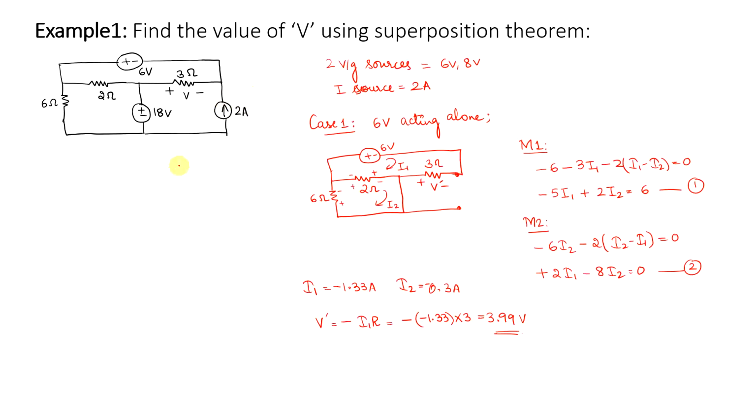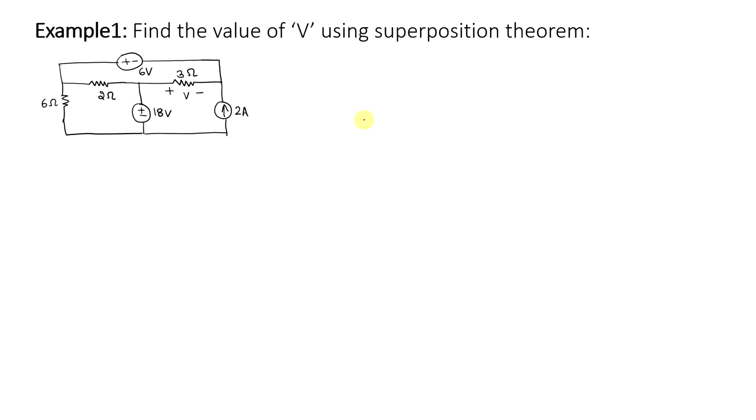Again apply mesh analysis itself. Case 2. So in case 2, I am considering 18 volt acting alone. So I have to consider the 6 ohms resistance, 2 ohms resistance. This is 18 volt. 6 volt will now be a short.